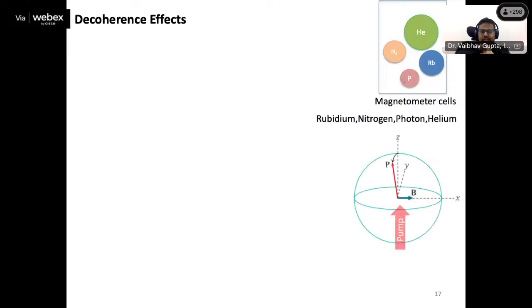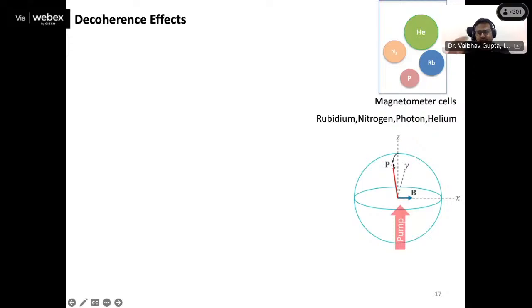Inside this magnetometer, I told you there are different things available. You have nitrogen, you have helium, you have the rubidium atom itself, and you have some photons as well. You are also aware that if you apply this pump beam, and this is the B, which is the magnetic field, and this is your total polarization of the rubidium atoms.